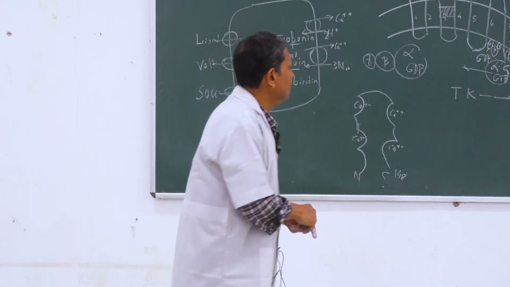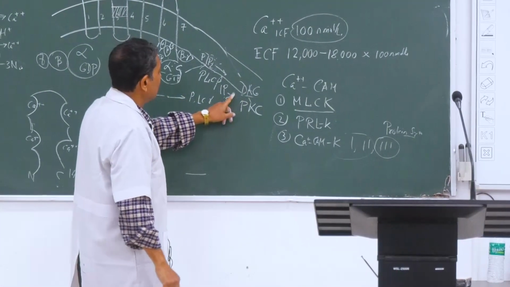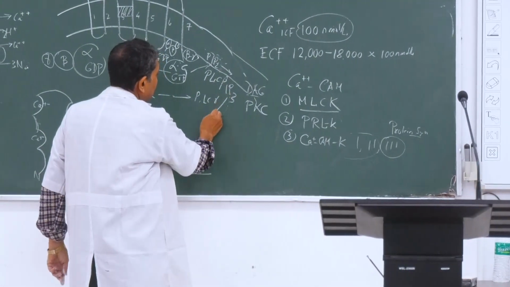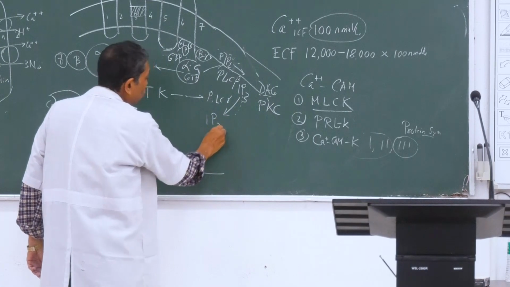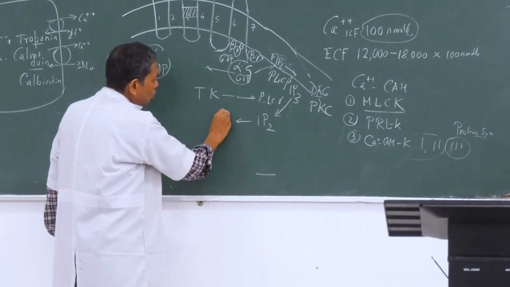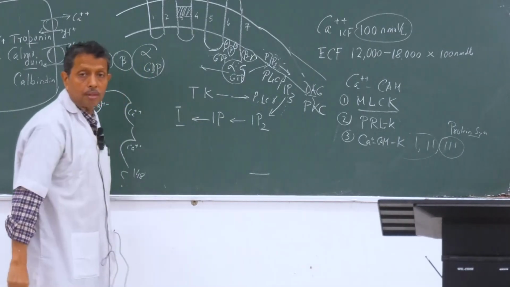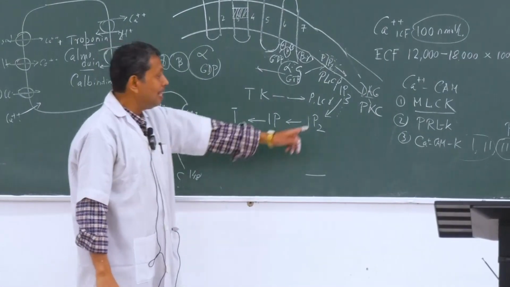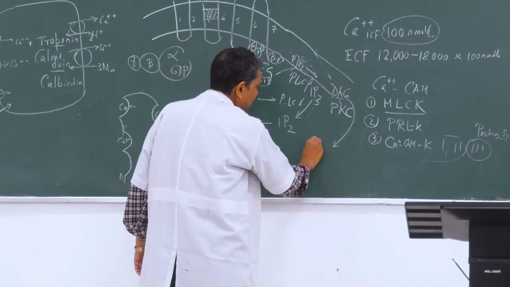Now what occurs after this action is over? This inositol triphosphate gives rise initially to IP2, gradually dephosphorylation, and becomes inositol phosphate, and ultimately free inositol. And diacylglycerol initially causes formation of phosphatidic acid.